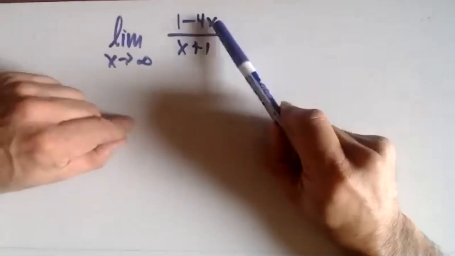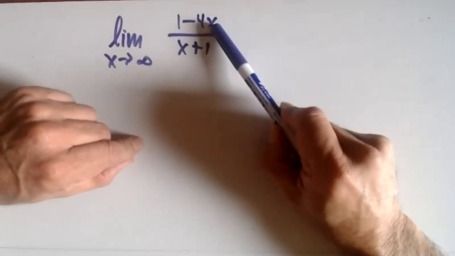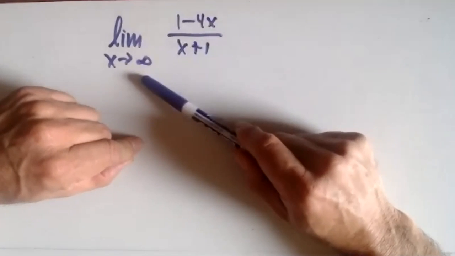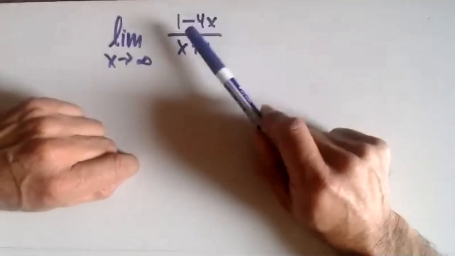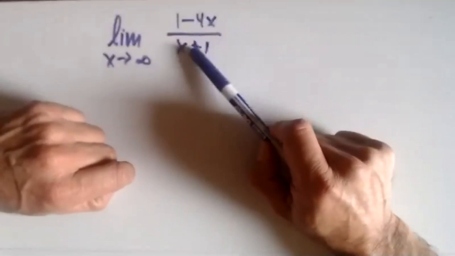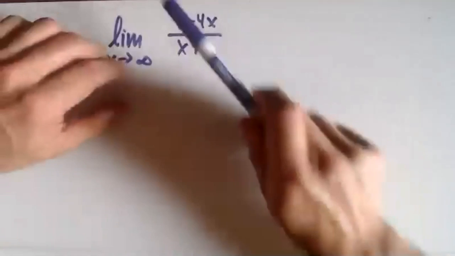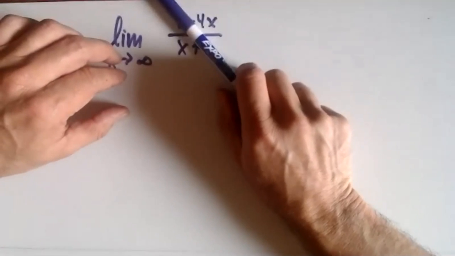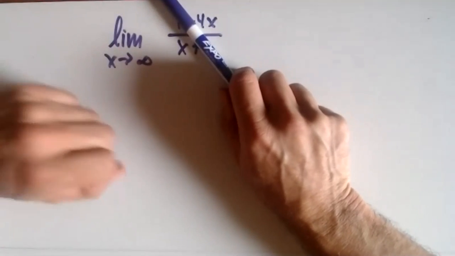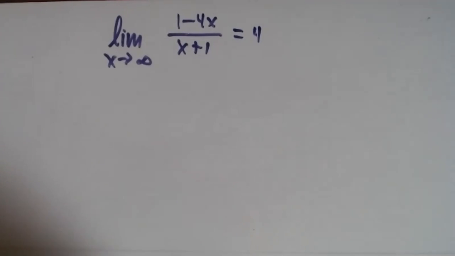Because when this is very big, 4 times 1,000 is more than 1, for instance. Suppose the x is 1,000. This is 4,000, this is 1. So you can pretty much discard these numbers and then you have 4x over x. How much is that? 4. So my limit is 4. Okay? There are more difficult, yes.